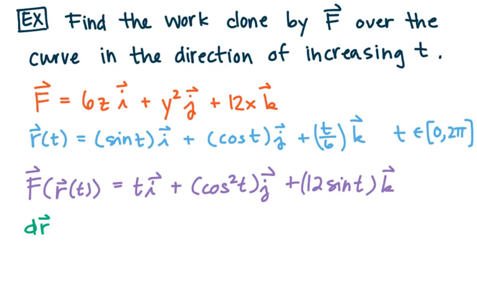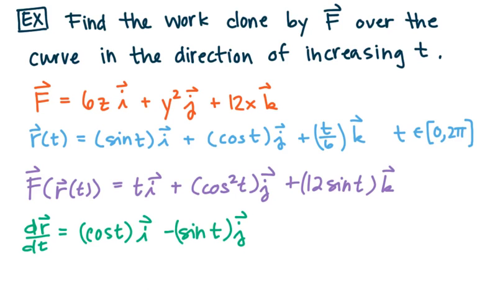So the derivative of r with respect to t: the derivative of the sine component gives cosine t i, plus the derivative of cosine t, which is minus sine t j, plus the derivative of t over 6, which is just 1/6 k.